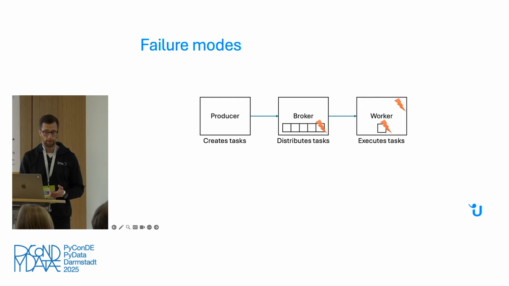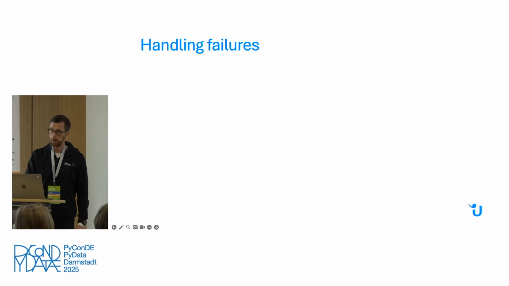Your queue can run full, or your broker crashes. And you can also have network issues between your producer and your broker, or between the broker and the workers. So how do you handle these failure scenarios?